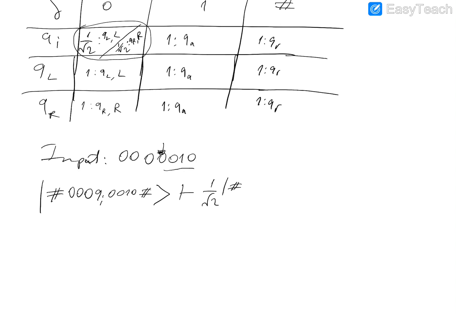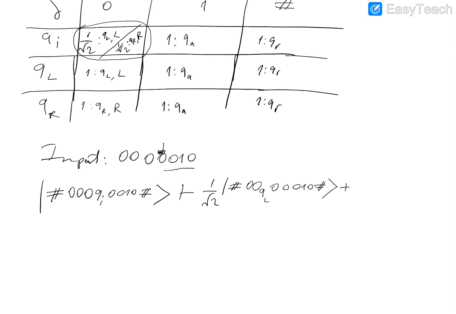So that means hash 00, our state will be QL, and then we move to the left, so we will have 00010 hash.